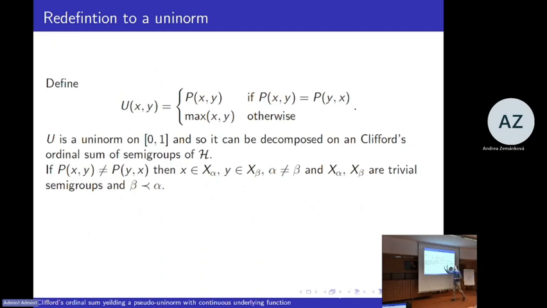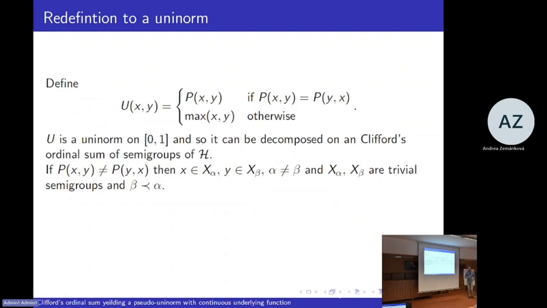Similarly, we can choose minimum, and it doesn't matter. And we have shown that it is a uninorm; it's basically pretty easy but tedious, and we have found the decomposition of Clifford ordinal sum with those segments that was already mentioned.